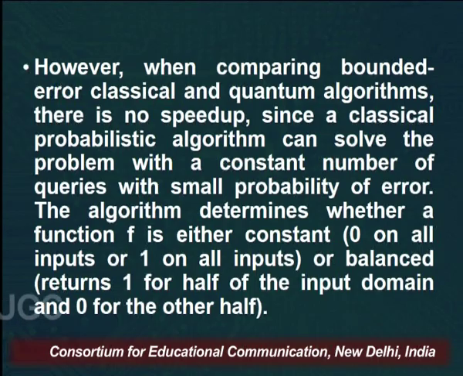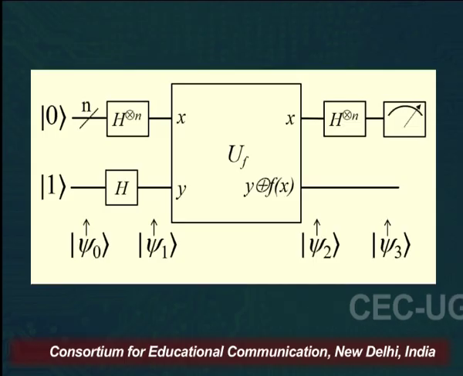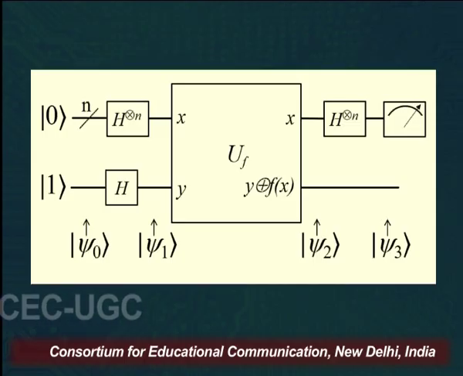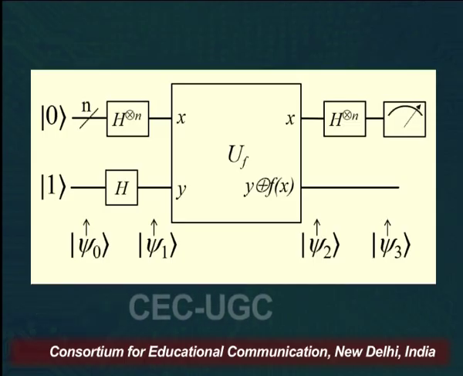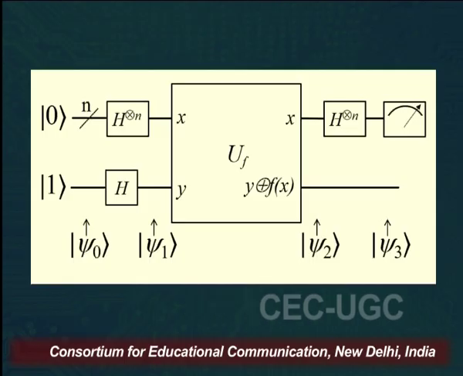Means it returns 1 for half and 0 for the other half, so it will be balanced, whereas in the constant case it will be all 0 or all 1. So this is a schematic explanation of the algorithm. Here we have 0 and 1, and now we can get the output in the desired form.